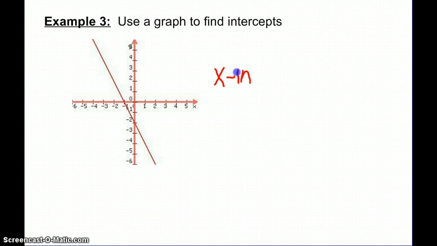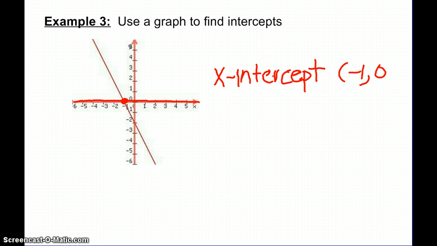Again, remember, the x-intercept is the point where the line crosses the x-axis. So here is our x-axis, this line here, and the line crosses right here at the point -1, 0. So we can say that the x-intercept is -1, or we can actually write it as the point -1, 0.